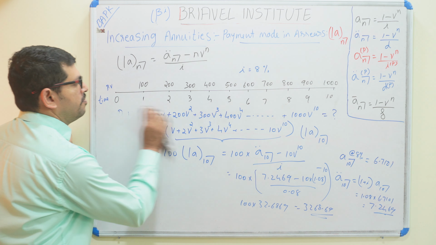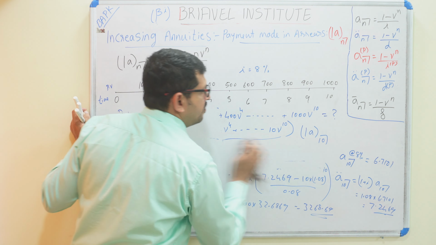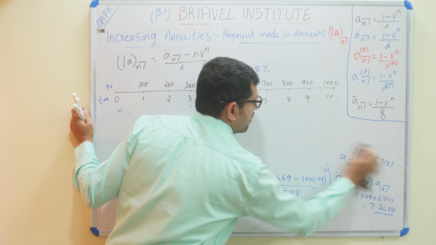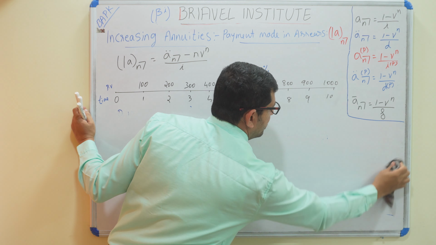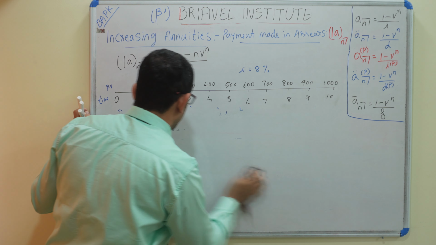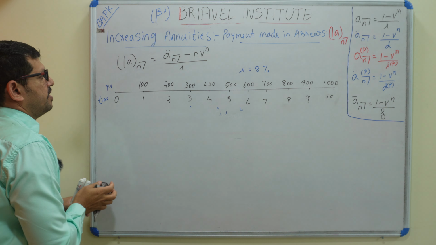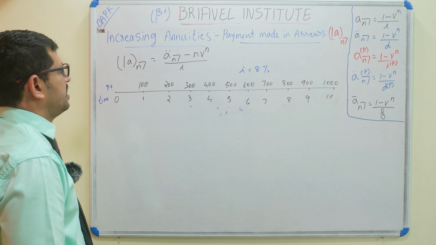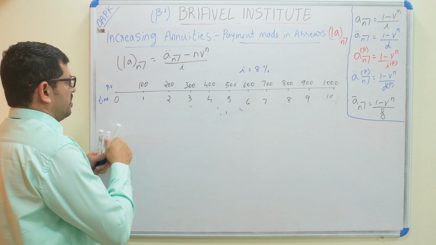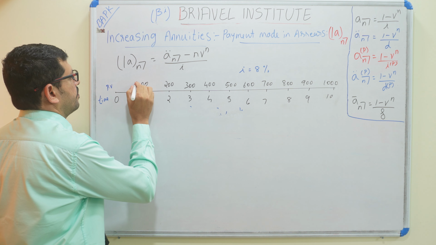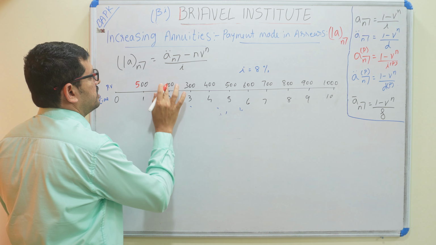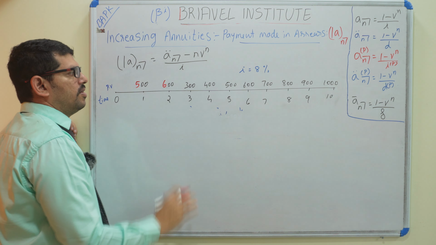Now one more different type of problem we can consider. Instead of 100, I am just taking 500. So here it is 500, and here it is 600, so the increase is 100 only.